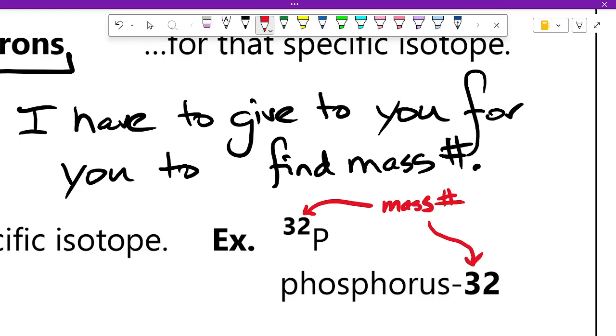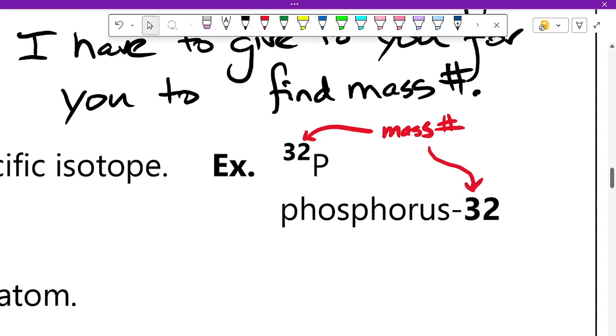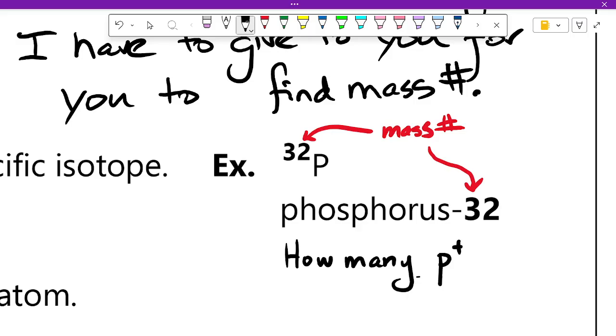By the way, if you have phosphorus 32, how many neutrons, let's start with this. How many protons in phosphorus 32? Go check on your periodic table.